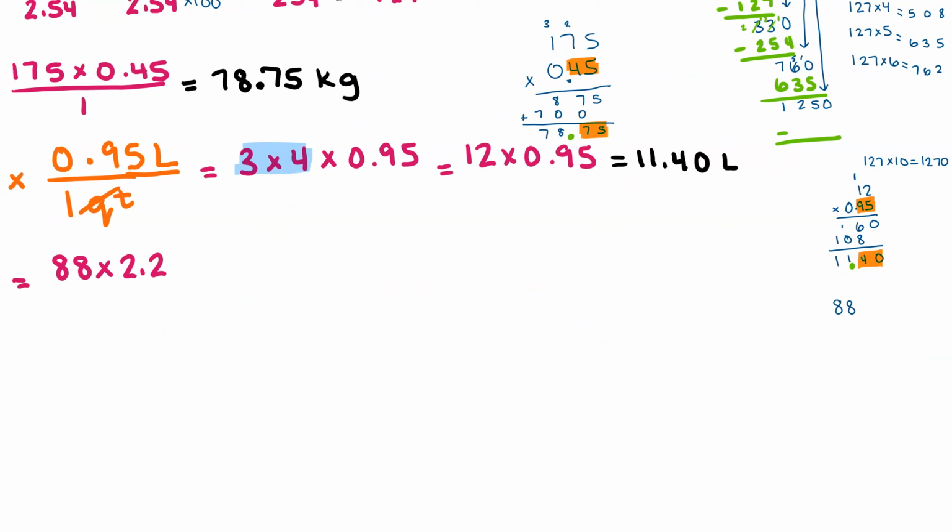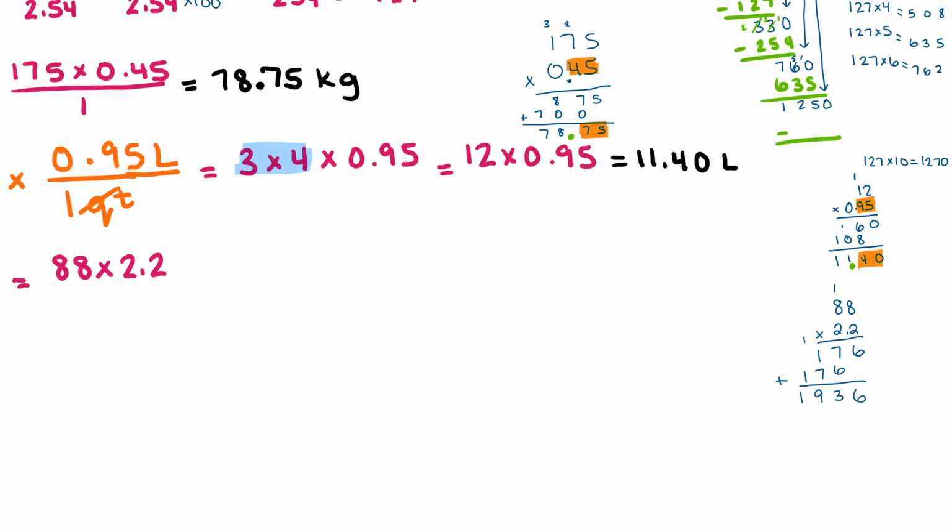So 2 times 8 is 16, carry the 1. 2 times 8 is 16, plus 1 is 17. 2 times 8 is 16, carry the 1. 2 times 8 is 16, plus 1 is 17. So 6, 13, carry the 1. I'm adding 9, 1.